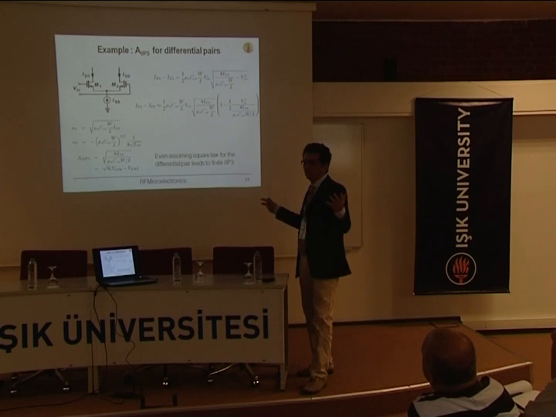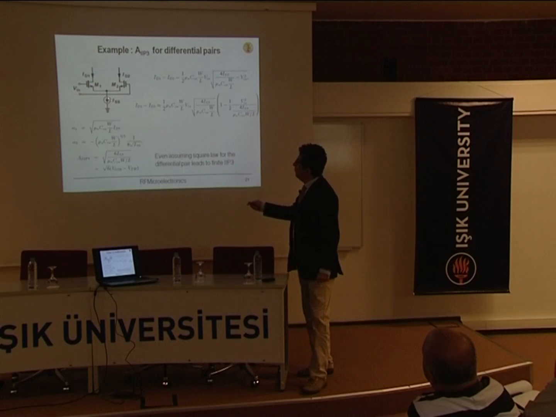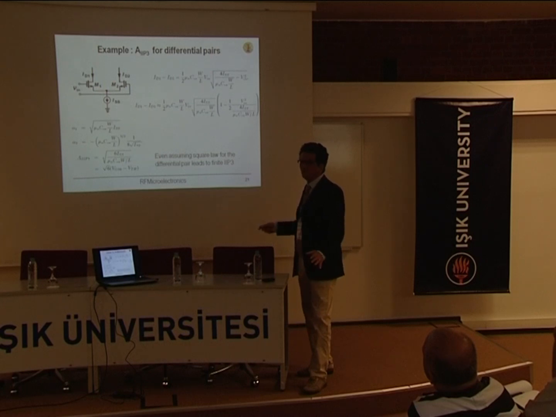If you develop it, you find a polynomial again, which justifies a third order intermodulation. Okay? But if we were freezing this node, as you can do in a pseudo-differential circuit, let's assume you use a mirror to bias the circuit and you freeze it to ground, then it's really a square law and you do not have any IIP3. Okay?